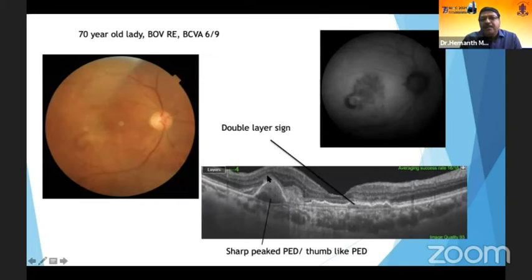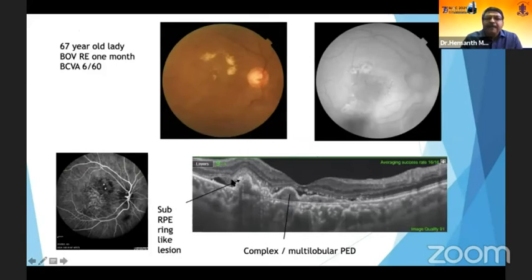Here you can see a sharply rising PED with the double layer sign. That is very classical of a PCV. Similarly, a complex multilobular PED, a sub-RPE ring-like structure, which is typical in PCV, and this is also confirmed in the ICG angiography as these two polyps.